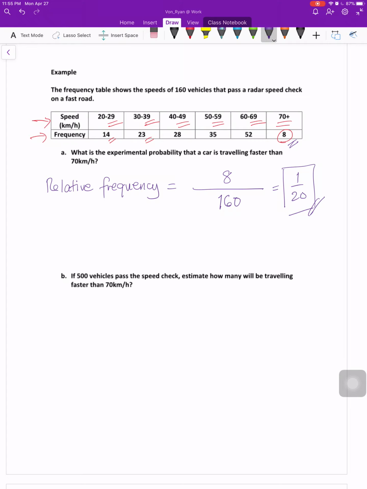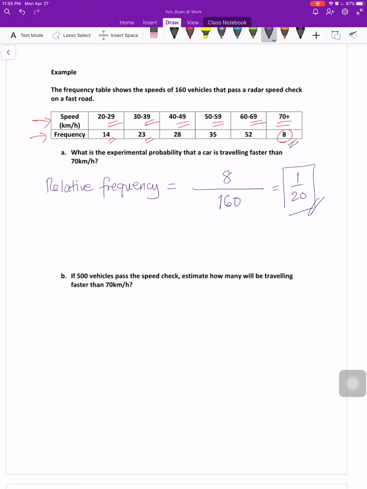There is also something called theoretical probability, because you know the specific number of cars and specific speeds they travel at, and then this relative frequency would get closer and closer to that theoretical probability as you collect more data. But in this case, let's accept it as 1 out of 20. So within this experiment, if you have 20 cars, you would expect one of them to be traveling at 70 plus kilometers per hour.